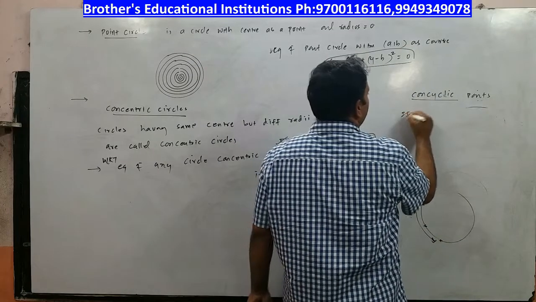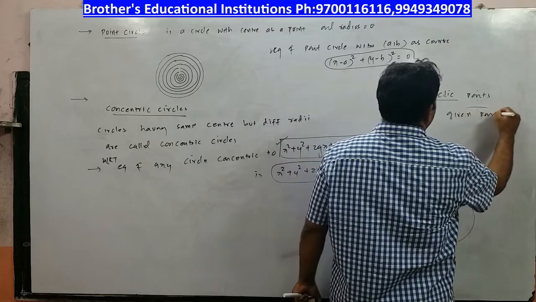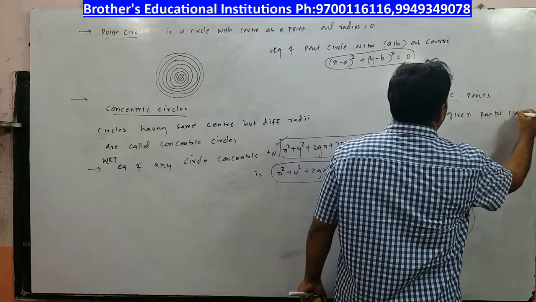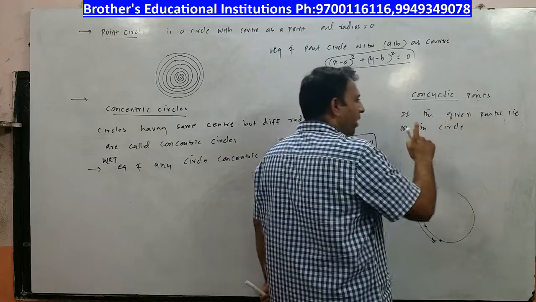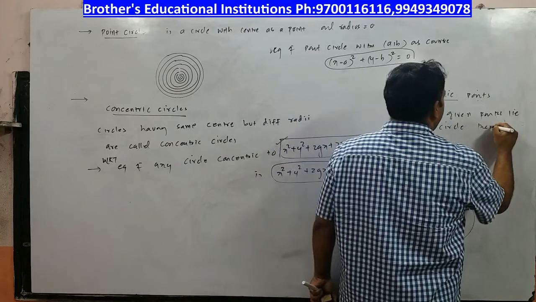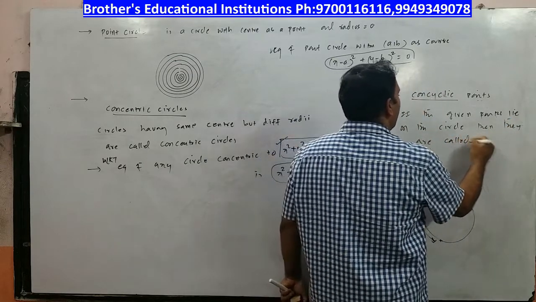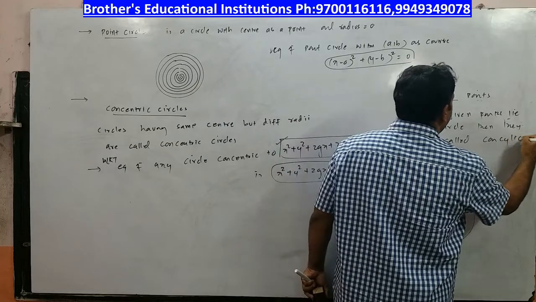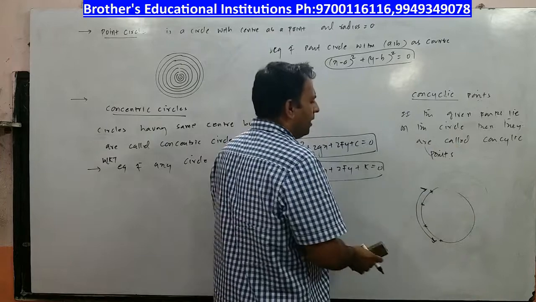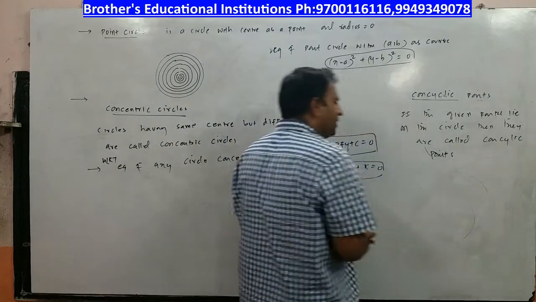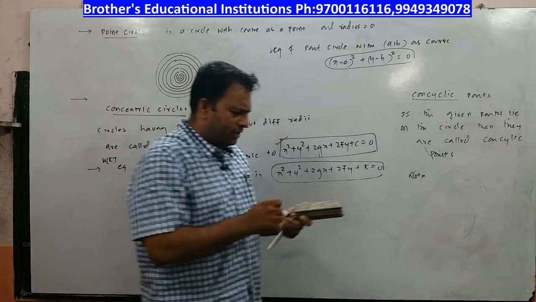If the given points lie on the circle, then they are called concyclic points. All right, and let me tell you, 3 points will be always concyclic. Note, this is also very important. 3 points will be always concyclic.